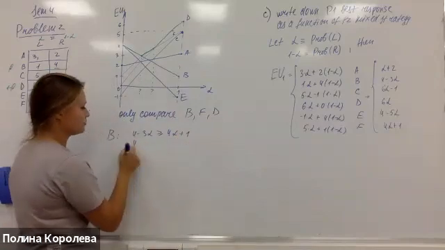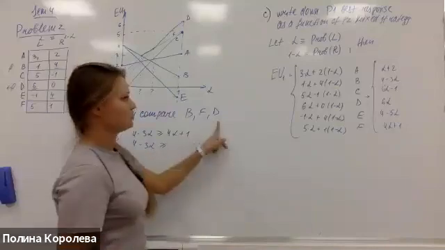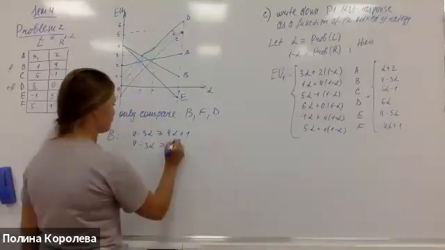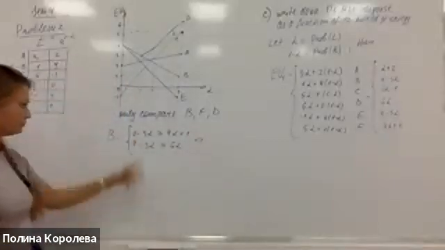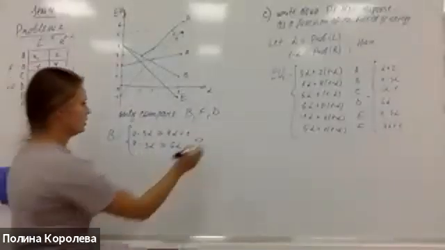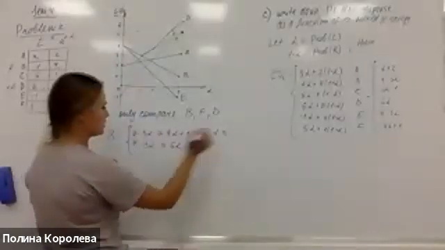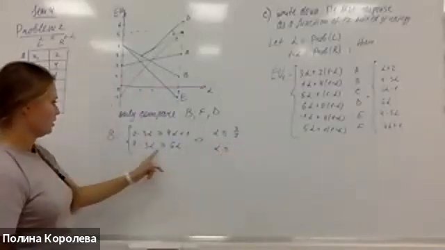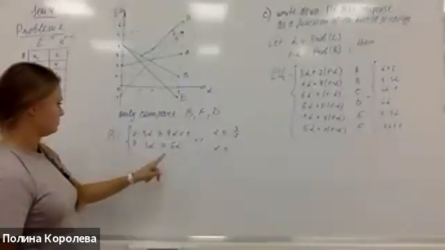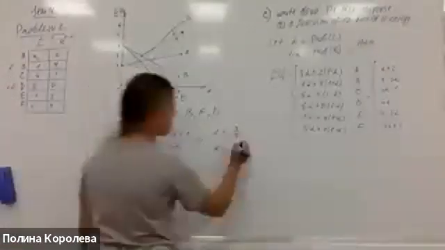And at the same time, 4 minus 3 alpha greater or equal to from D, 6 alpha. From here, we see that alpha should be less or equal to 3 divided by 7, and alpha less or equal than here 4 divided by 9.